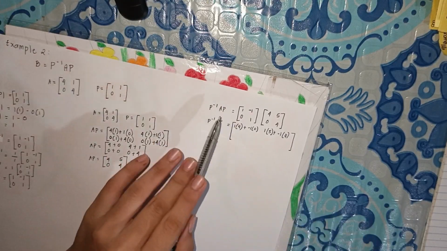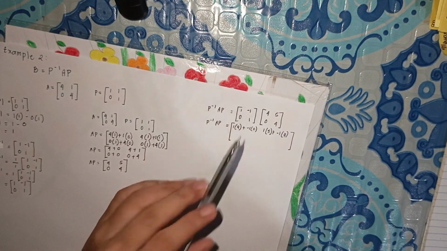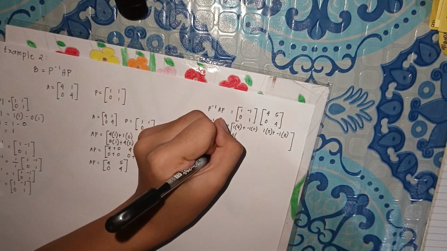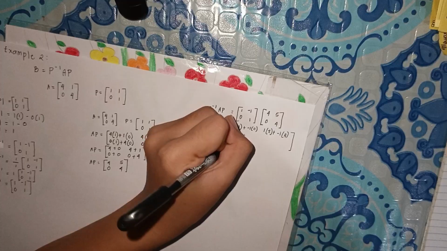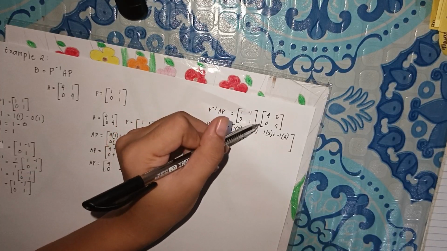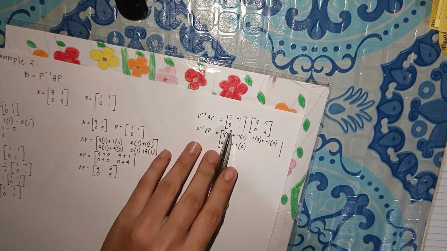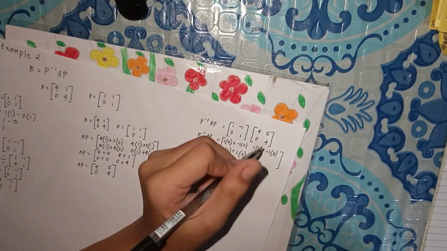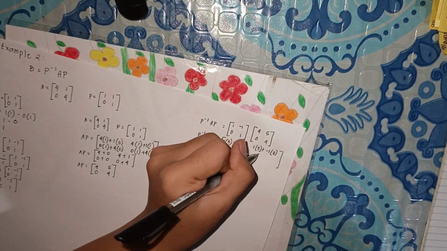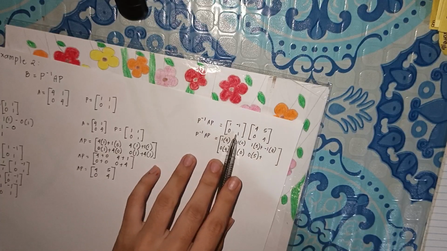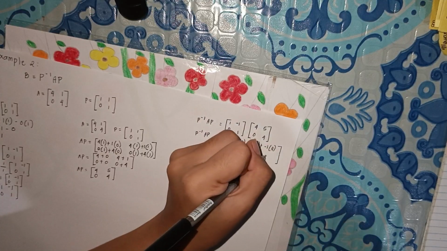Let's proceed to the second row. So, 0 times 4 plus 1 times 0. Next is 0 times 5 plus 1 times 4.